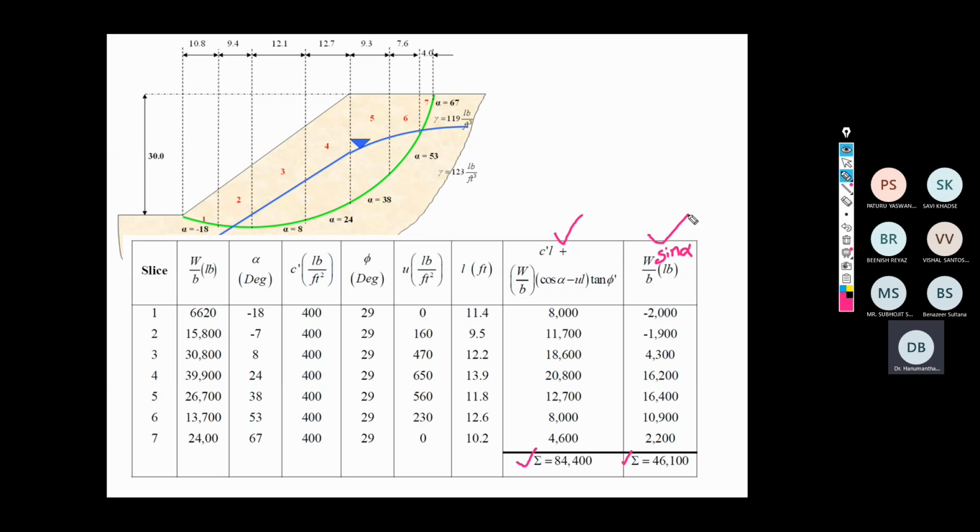Sir, here we can say the negative alpha is affecting only the driving force. Yeah, it will affect only the driving force. Yes, sir. And logically also it should affect only the driving force. It should be eliminated from the driving force.